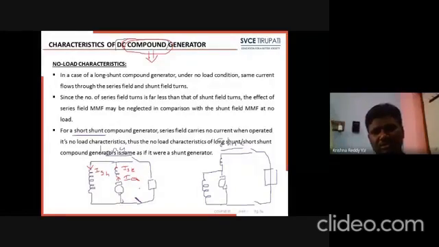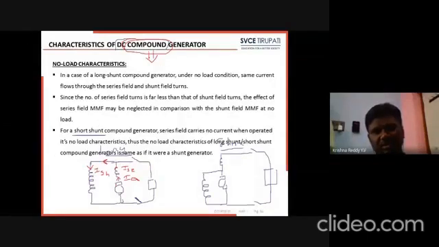The armature current will flow through the series winding because these two are connected in series. Here we have an open switch, so there is no path for current flow.